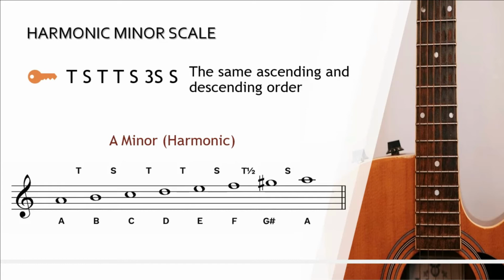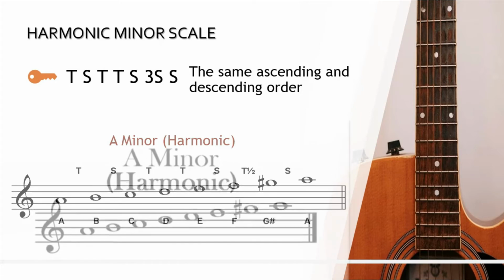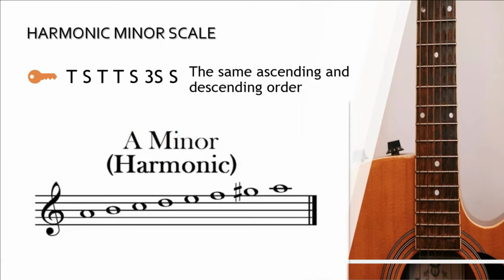The 3 semitones is the same as a tone and a half. And so this is what makes it unique in the sound and in the structure of the harmonic minor scale. So let's take note of the difference in the pattern of the harmonic minor scale. Once again, we want to hear how it sounds when we go through the scale of the A harmonic minor.